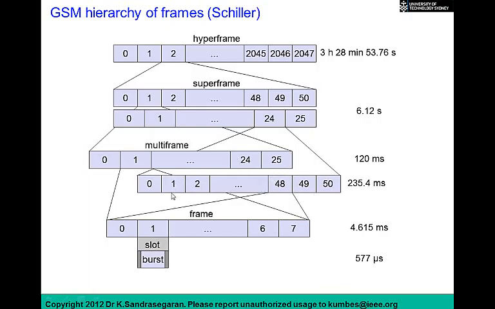Here 51 frames make up a multi-frame, and then 26 of the multi-frames make up a super frame, and a number of super frames make up a hyperframe. This is related to how we organize information for transmission. The frame, multi-frame, superframe and hyperframe all have certain significance in the network.